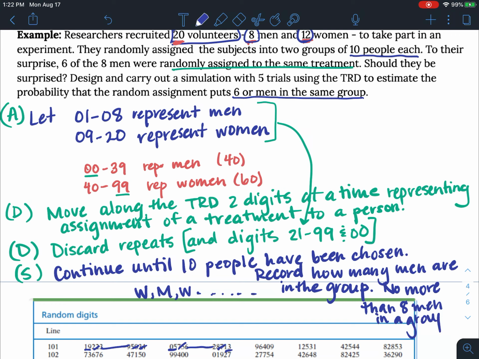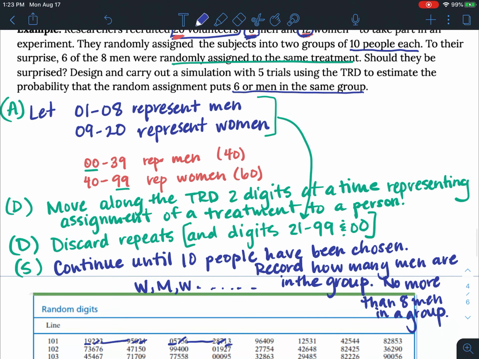So there's no way to get 10 men in a group, even though the random numbers may, it's very rare, come up as 10 out of 10 being men. That's not possible because there were only 8 men. So we do need to write that down to let people know. Okay? So there we go.